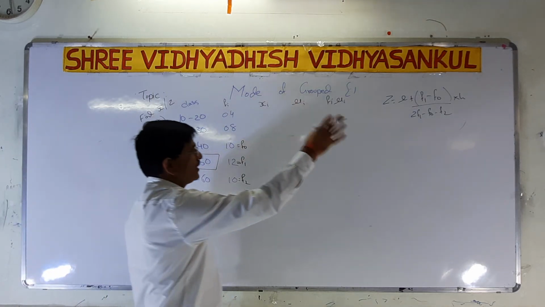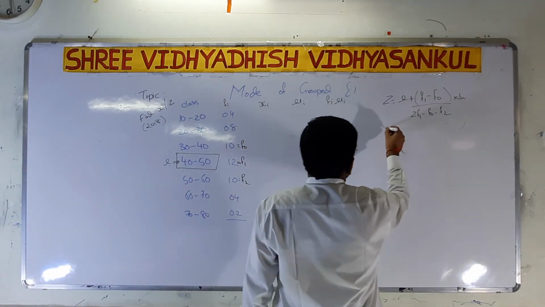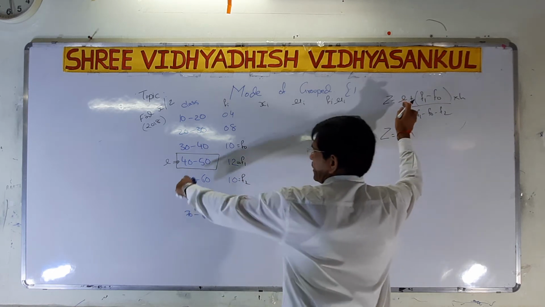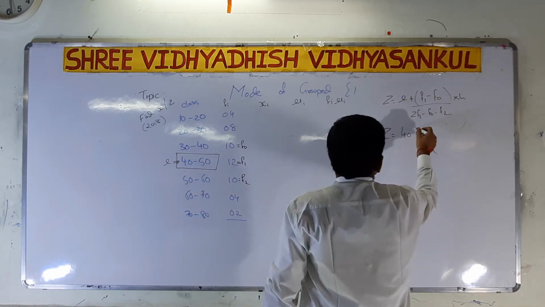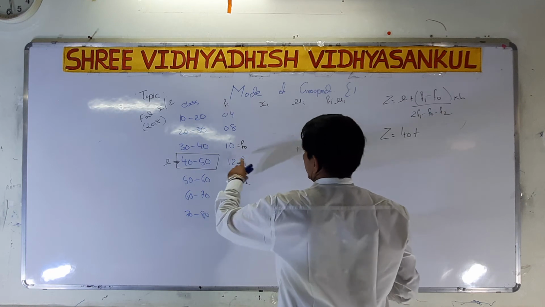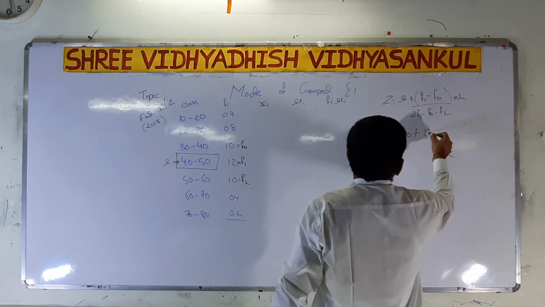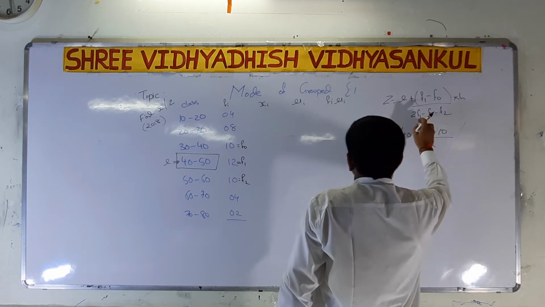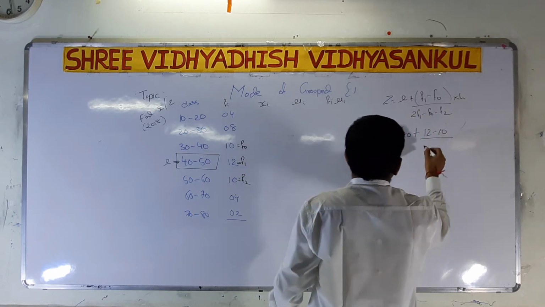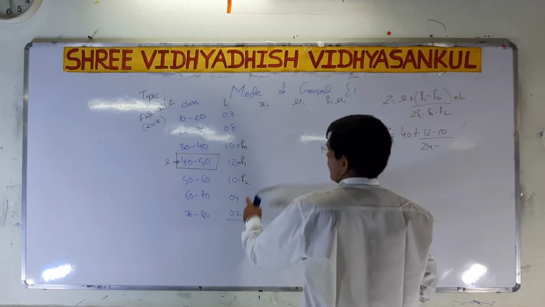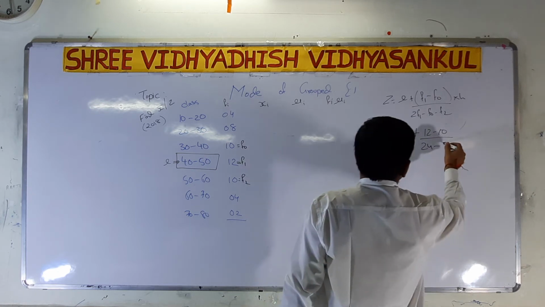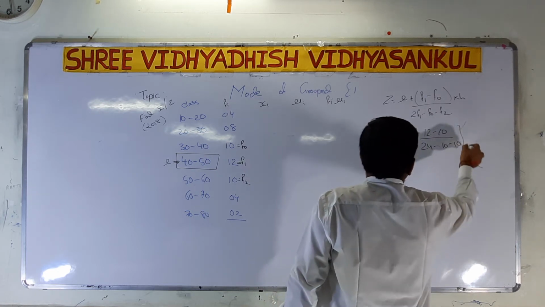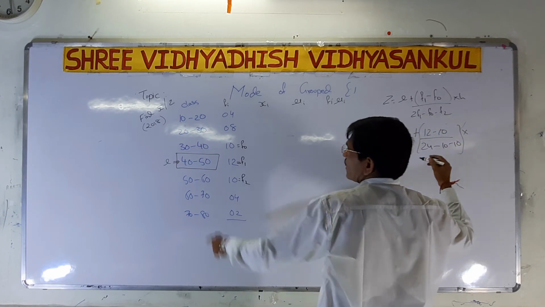And if you put in the values, Z is equal to L, that is 40, plus F1, that is 12, minus F0, that is 10, divided by twice F1, 12 twos are 24, minus F0, 10, and F2, 10, and height H, that is 10.